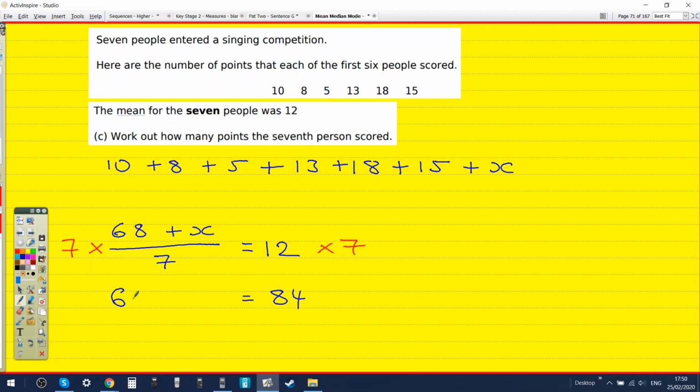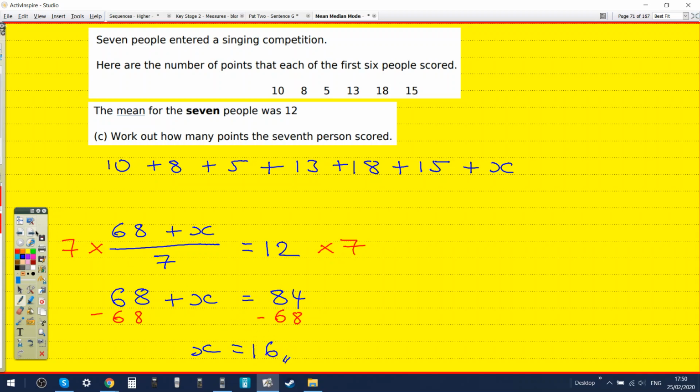So that just gets rid of the denominator. Okay. So then you can do 68 minus 84. I mean 84 minus 68. Yeah, which is 16. Well done.